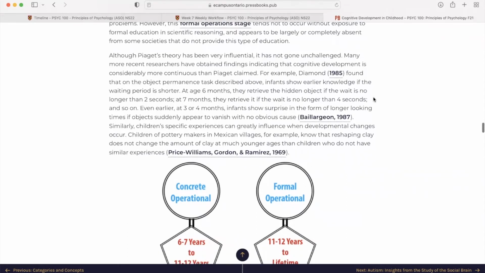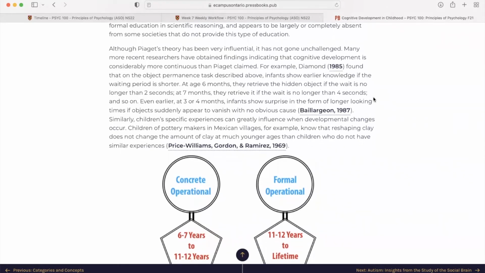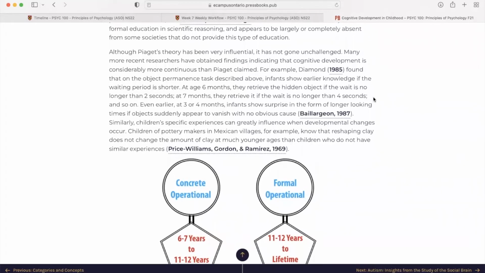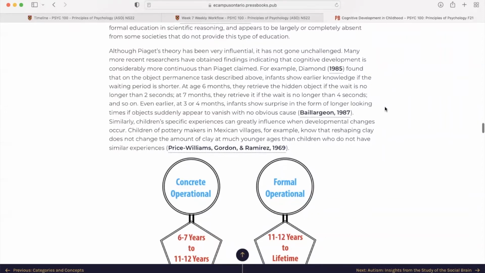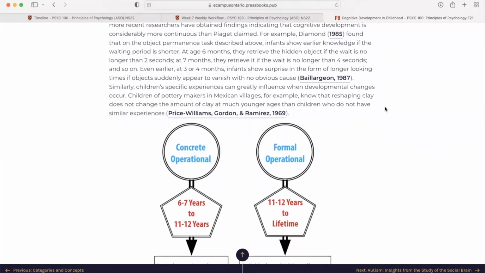At age 6 months, they retrieve the hidden object if the wait is no longer than 2 seconds. At 7 months, they retrieve it if the wait is no longer than 4 seconds, and so on. Even earlier, at 3 or 4 months, infants show surprise in the form of longer looking times if objects suddenly appear to vanish with no obvious cause.